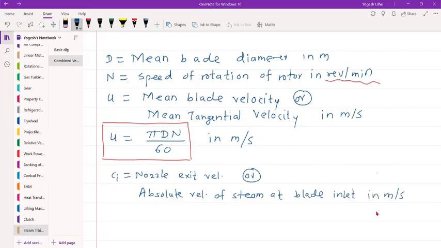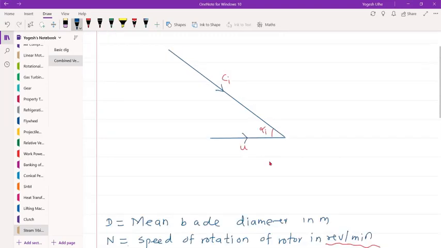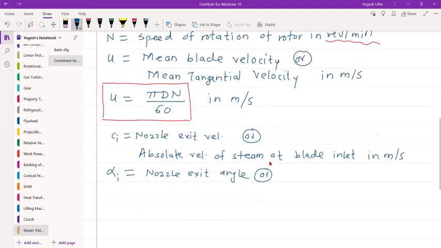Then alpha I is nozzle exit angle. See here I have shown alpha I, or the angle between CI and U. Everyone write down these 2 points, CI and alpha I.